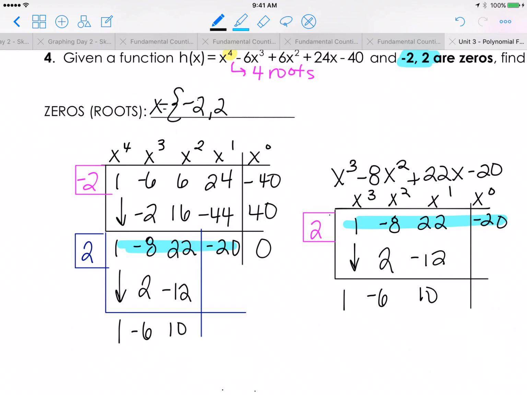So here goes the math. Square root of 4 is equal to 2.